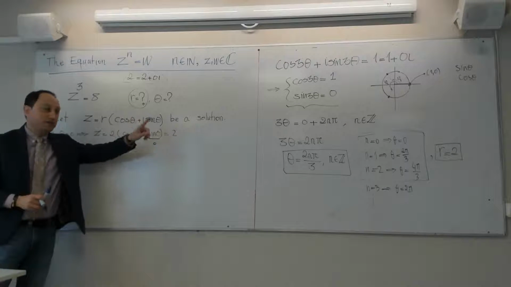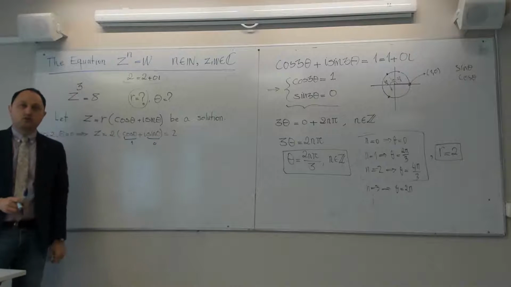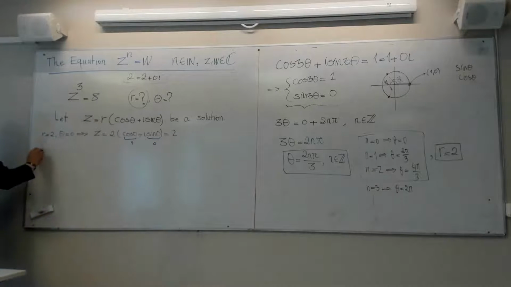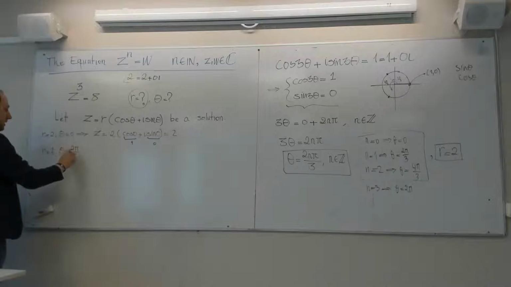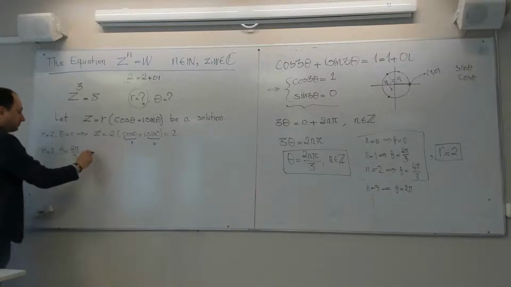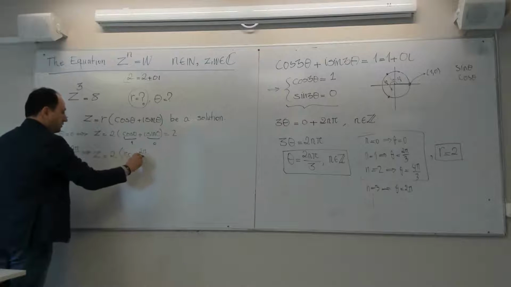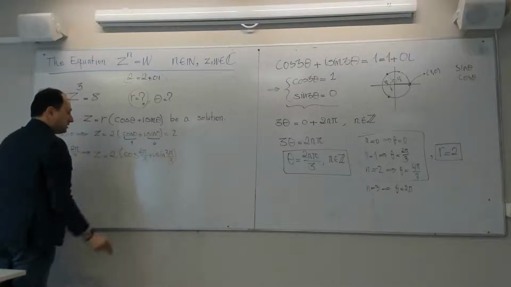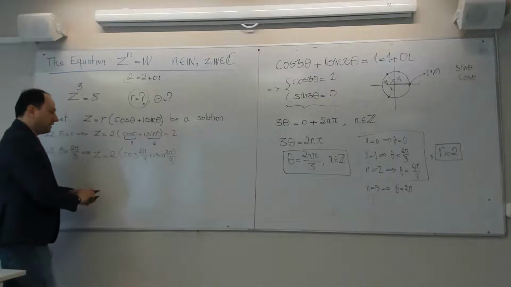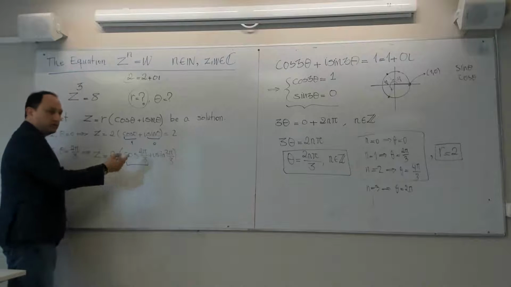We realize that one solution is 2. But in real numbers, that was the only solution. But in the set of complex numbers, we have 2 more solutions. One of them corresponds to this value, 2 pi over 3, and then I put it here. So z becomes 2 times cosine 2 pi over 3 plus i sine 2 pi over 3. These are famous angles, so you can calculate them using your trigonometric knowledge or using your calculator.